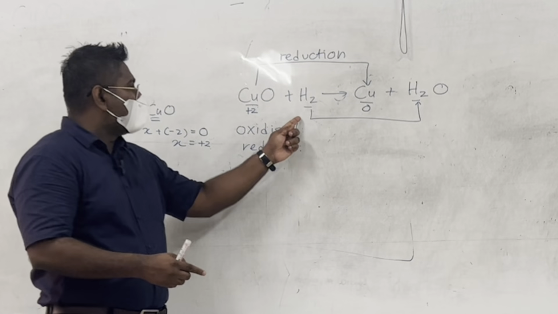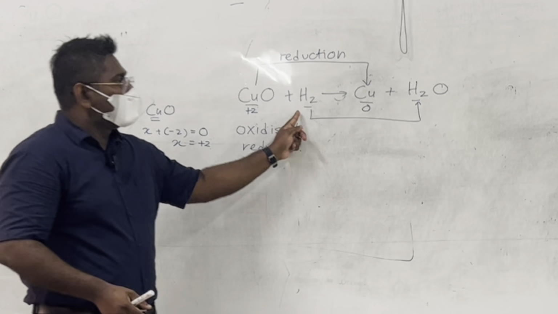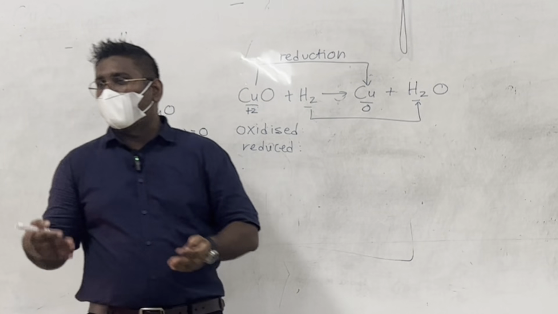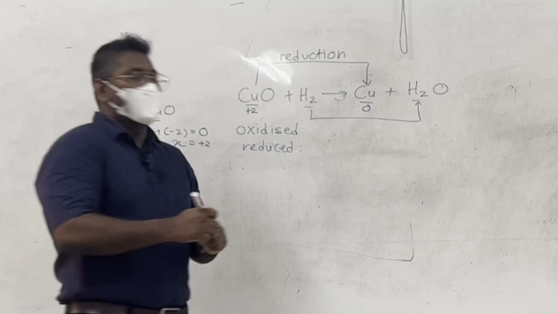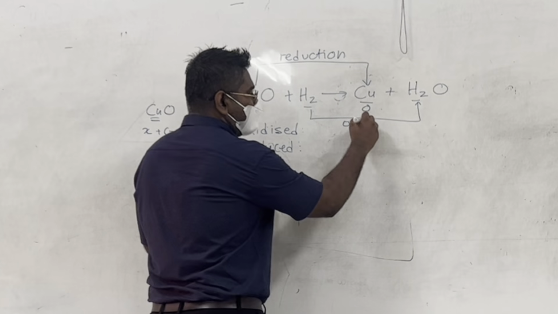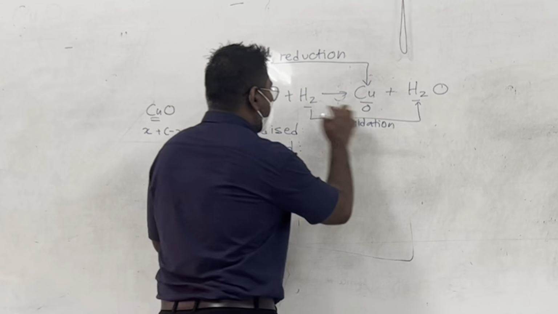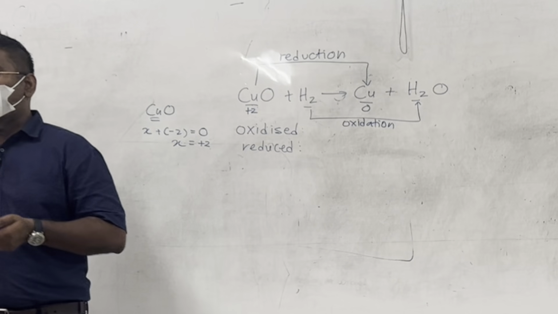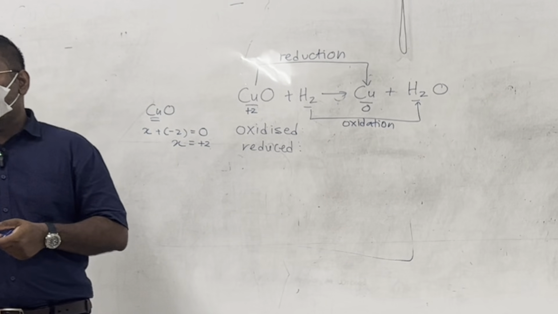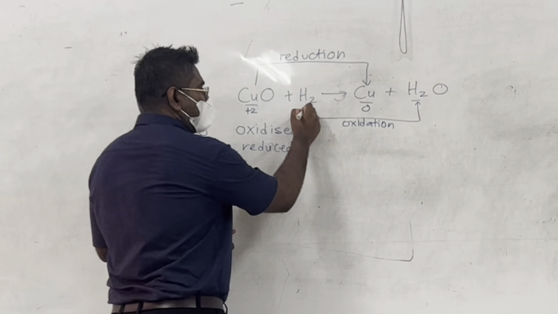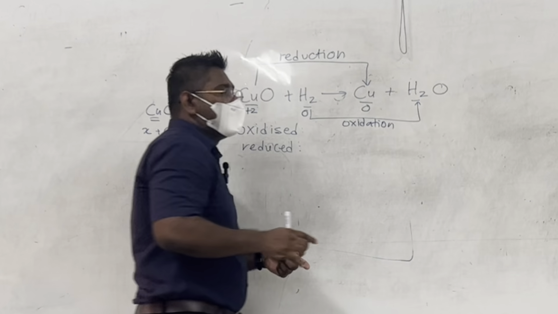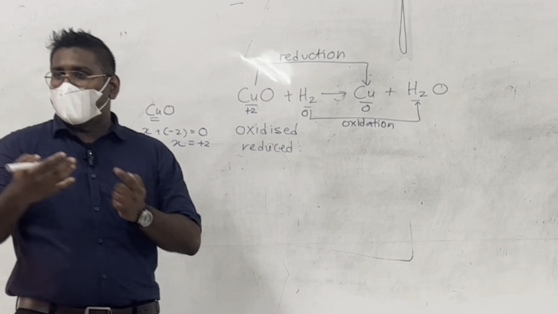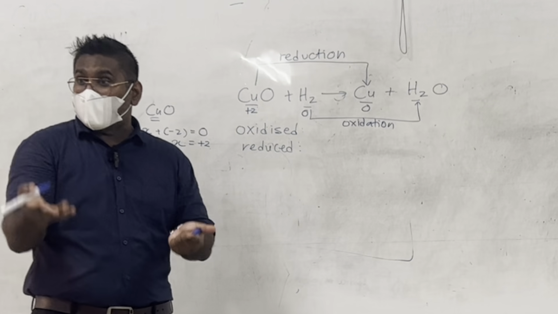The same thing over here. Hydrogen gaining oxygen is always going to be oxidation, I know, but you can always practice using oxidation number. Hydrogen's oxidation number is 0 because it's an element. What is the oxidation number of hydrogen in a compound?